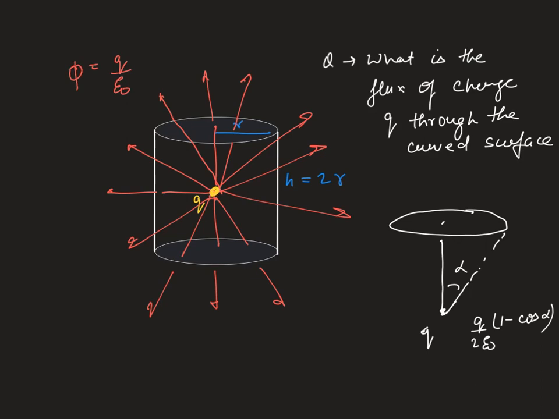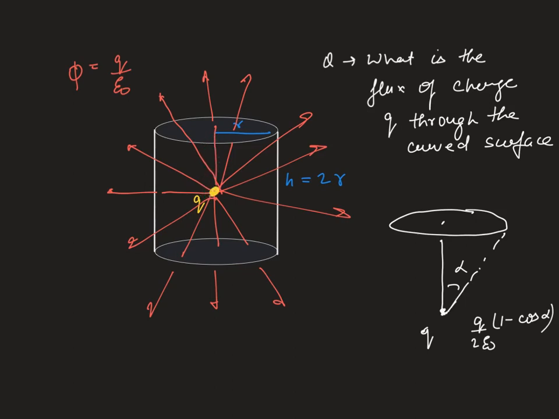This is our charge q, right? Now there is some flux through the circular surfaces. There are two circular surfaces, here, and then there is a curved surface, that is here. Now, what is the flux through the circular surface? Because we know the formula. Now you can see that from the charge here, the perpendicular distance to the center of the circle is r.